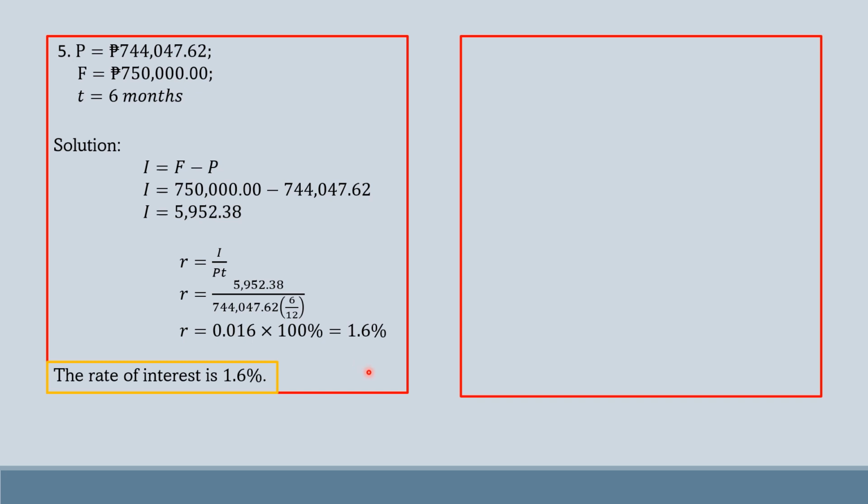Okay? And for the last example, the present value equals 103,448.28 pesos. Ang final amount ay 125,000 pesos and 0.01, and the time equals 10 months. Alright, same formula of the interest equals final amount minus the present value.